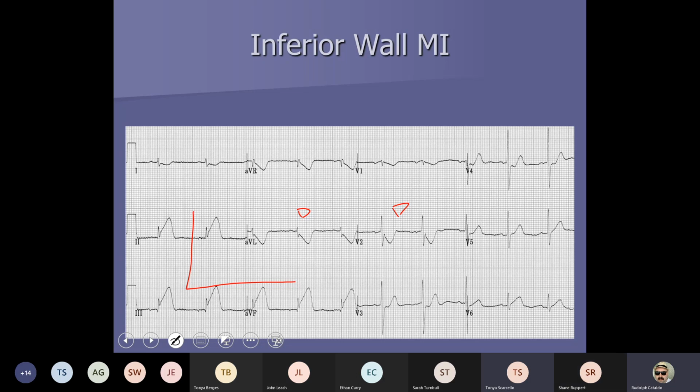I have minor amount right here in lead 1, and maybe a minor amount right here in V4. So I have elevation with reciprocal changes in lead 1, AVL, V2, and V4. I can confidently call a STEMI alert on this patient and say, without a doubt, they're having a right-sided MI.